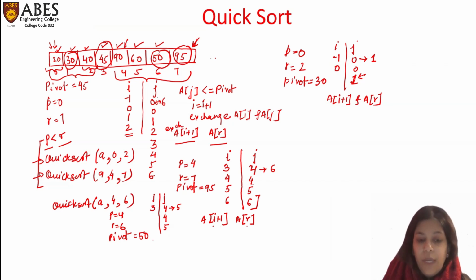Here we again exchange A of i plus 1 with A of r. So we are going to exchange A4 and A6, where this is r. This 90 and 50 will be exchanged, so this will become 50 and this will become 90.